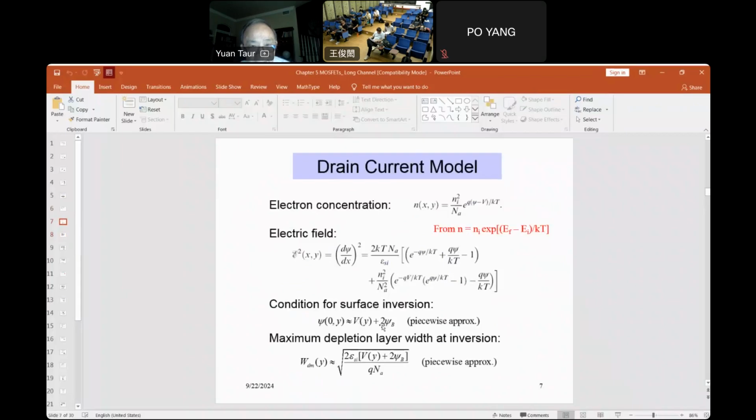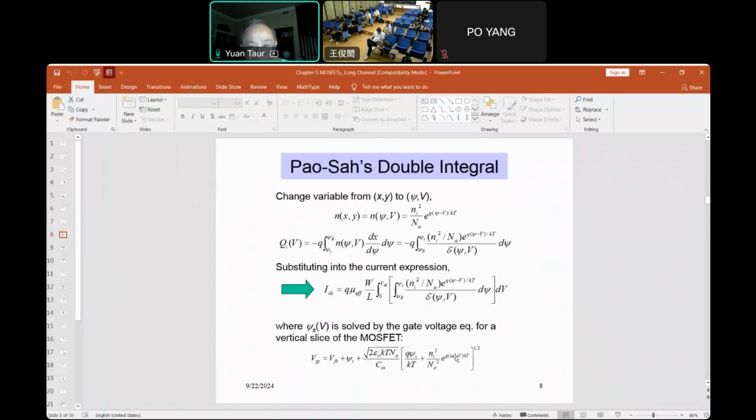The psi s is 2 psi b plus V, and V is changing from source to drain. But it's implicit, because psi s appears in three places, here, here, and here, but V only appears once. So this equation can be solved for V explicitly. We will make use of that later.